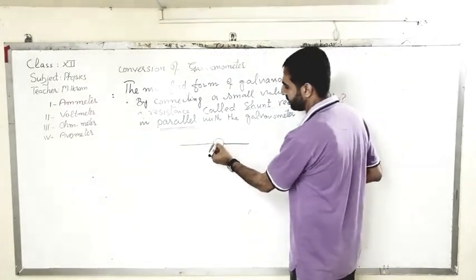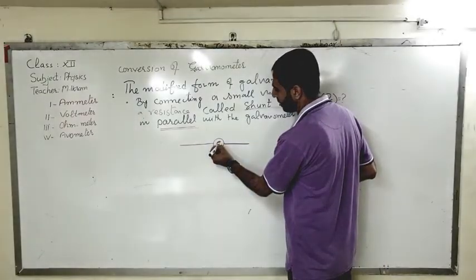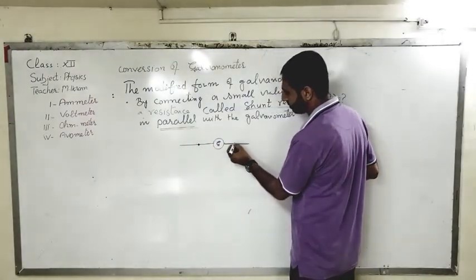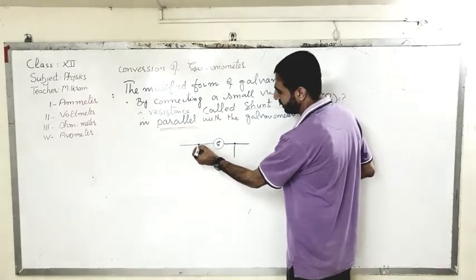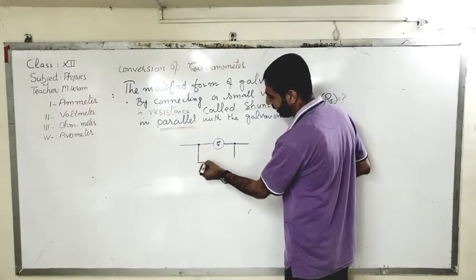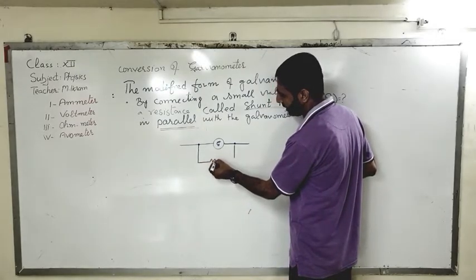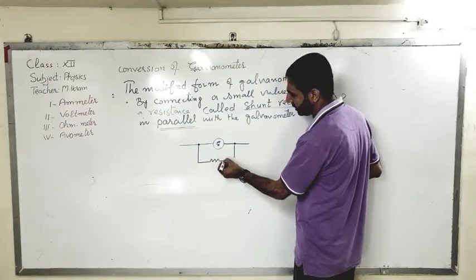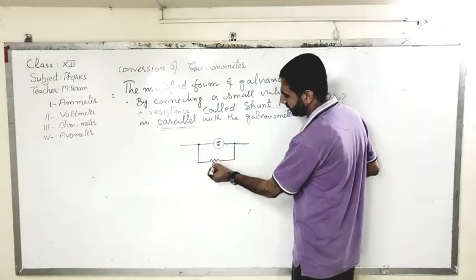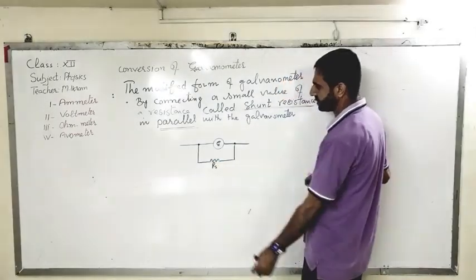So this is the galvanometer, right? And we are going to connect a resistance called the shunt resistance in parallel with the galvanometer, as you see it. This is called the shunt resistance.